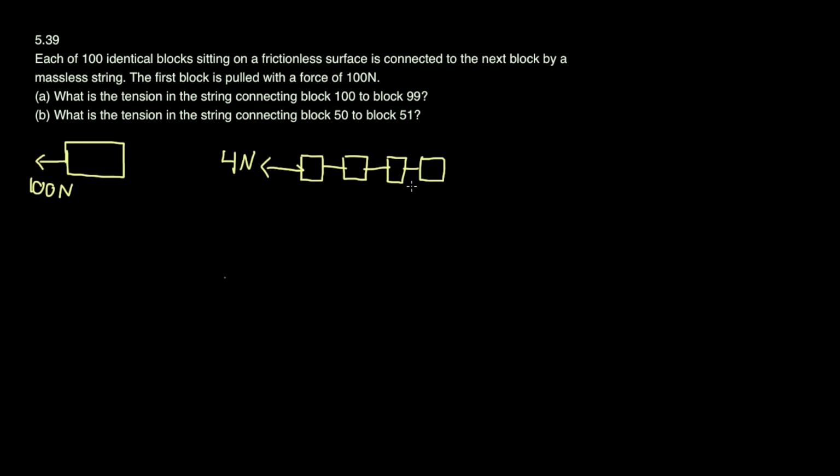We know the tension in this part of the string is equal to the mass times the acceleration of the system, right? The acceleration of this whole thing has to be the exact same. So let's solve for the acceleration: a is equal to F over m.